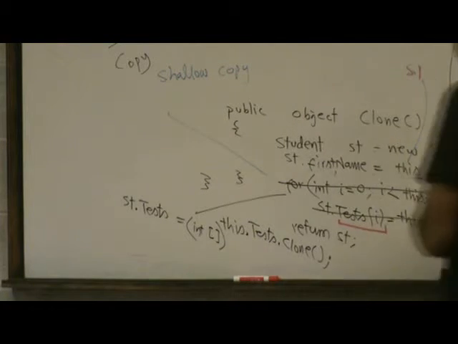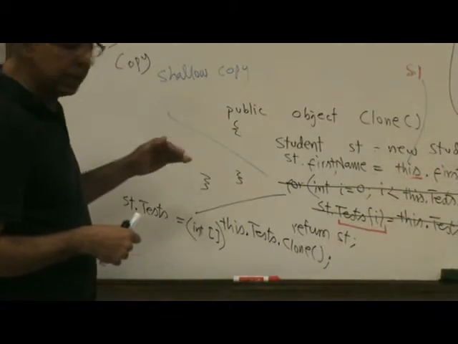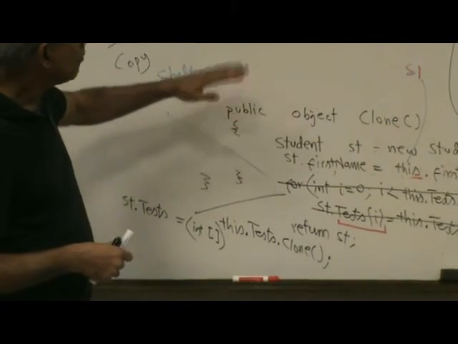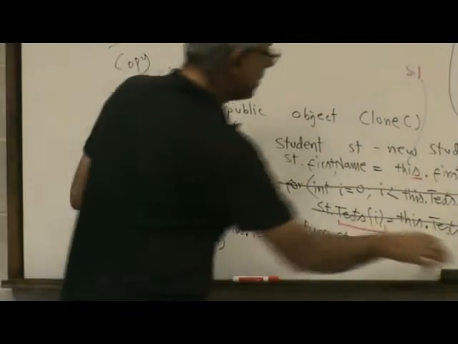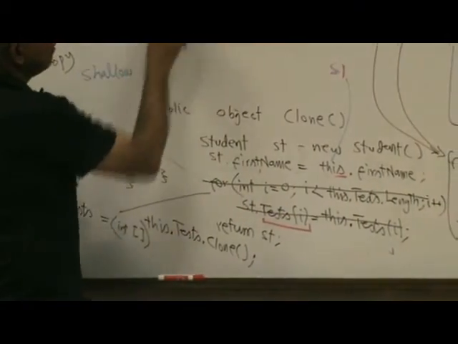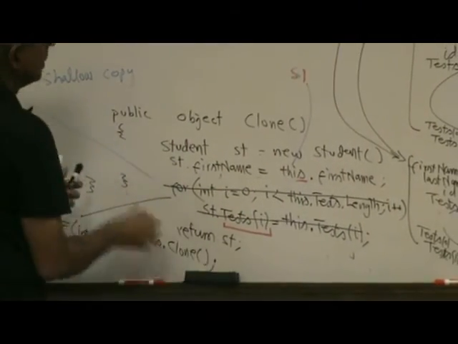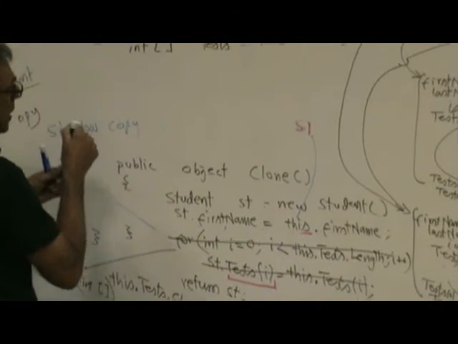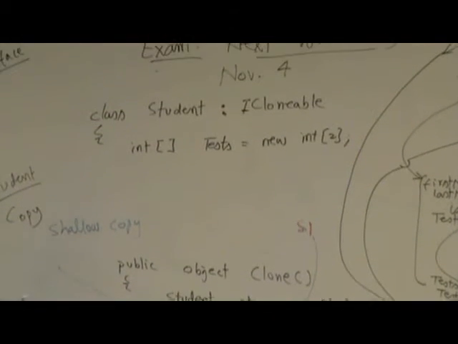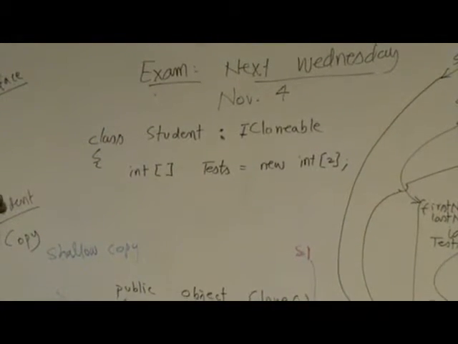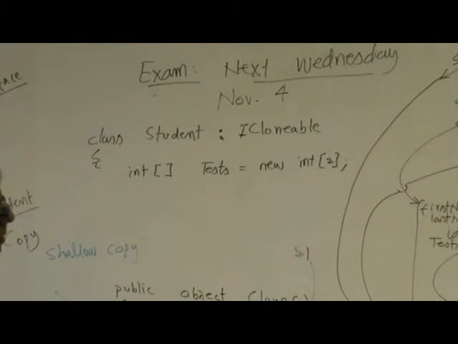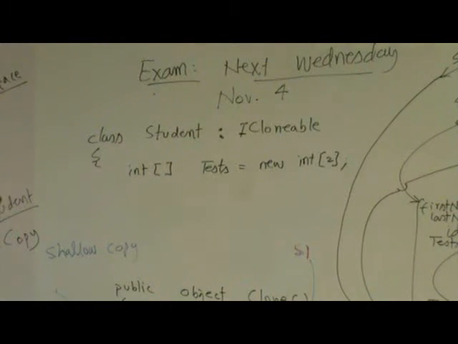Try it one more time. Okay, so now let's pretend in our student class, okay? Suppose every student has an address, like street address, city, zip code, and so on, right?